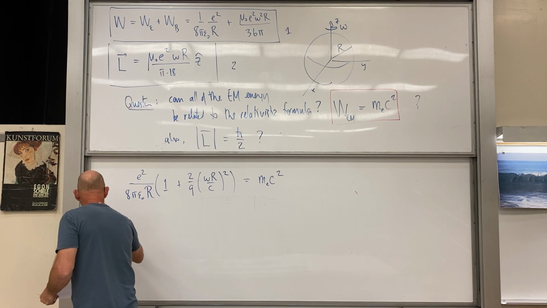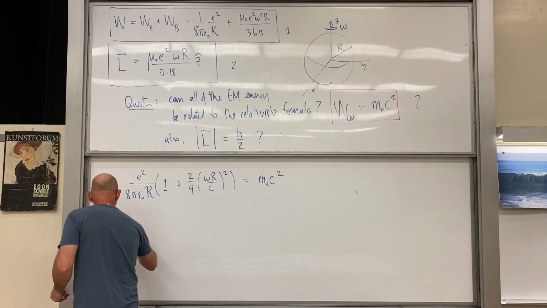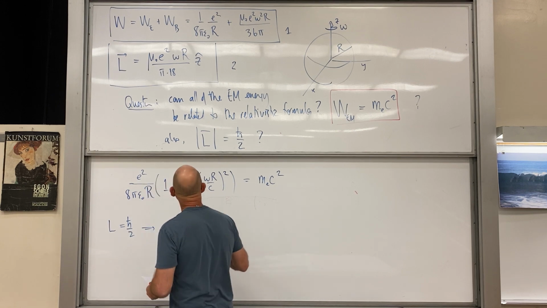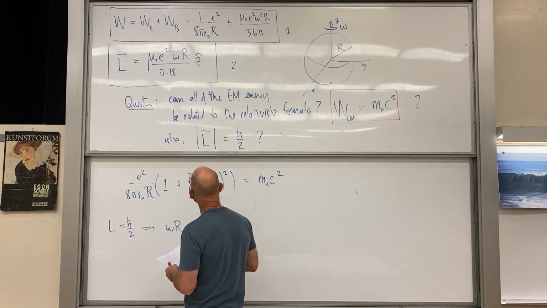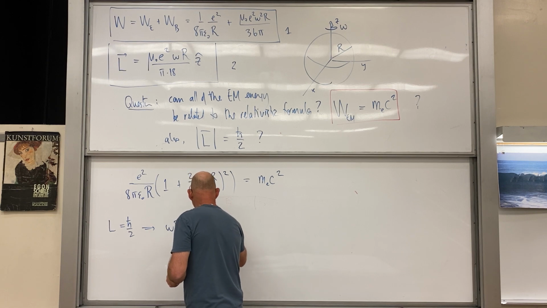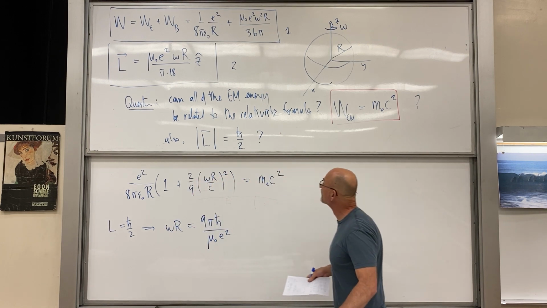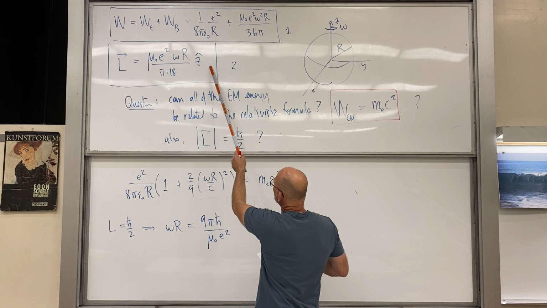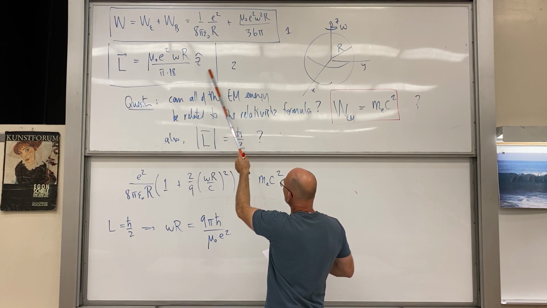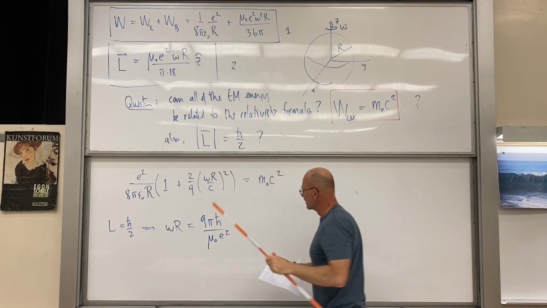So L equals h bar over 2 immediately gives us omega r is equal to h bar over 2, so we get 9 pi h bar over mu naught e squared. Cancel 2, you got 9 pi cross multiply mu naught e squared. Good.